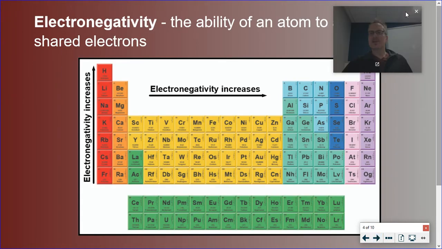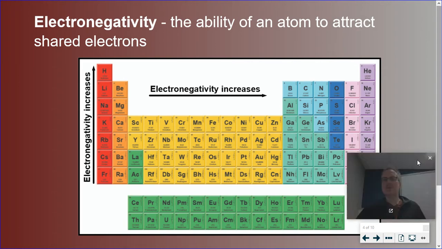The only way that we can talk about polar or nonpolar is if we look at electronegativity values. If you grab your periodic table, you would see there's a number on every element that we have not talked about yet. Those are called electronegativity values.